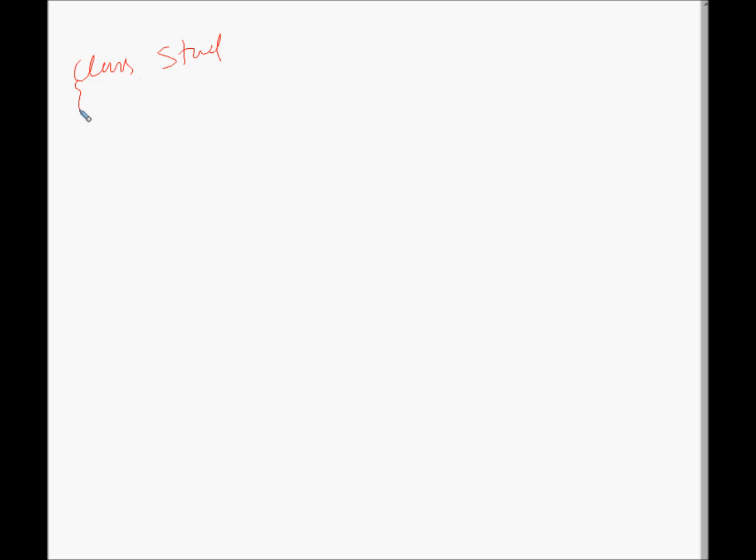Now I want to create an object of this Student. One very normal way is the new operator. So we can simply do here Student s = new Student. Very common, right? Generally we do this job.